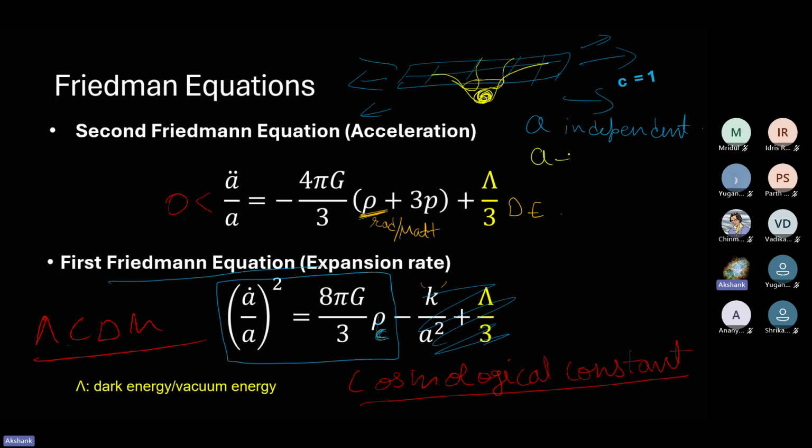If there is matter, A would be dependent on the matter, dependent on rho, right? Because this matter, just by its virtue of existing, is causing the curvature of this space-time, and that will change the way the space-time should expand.